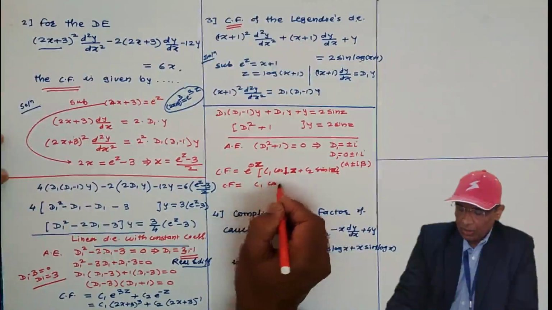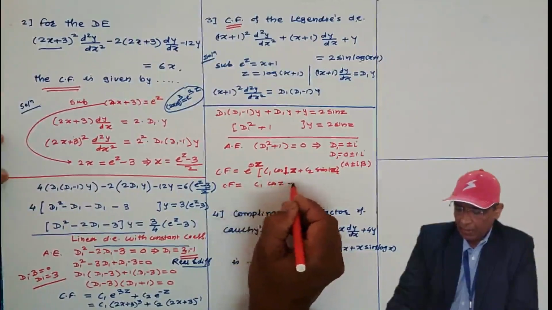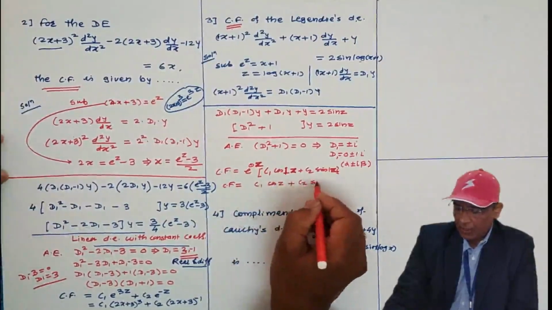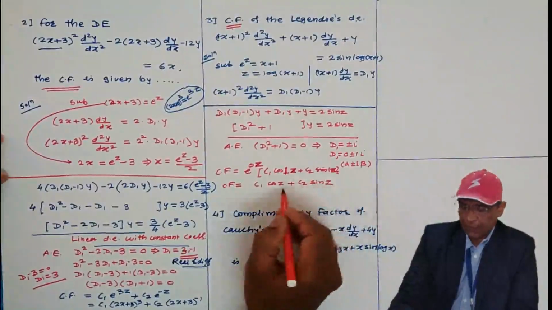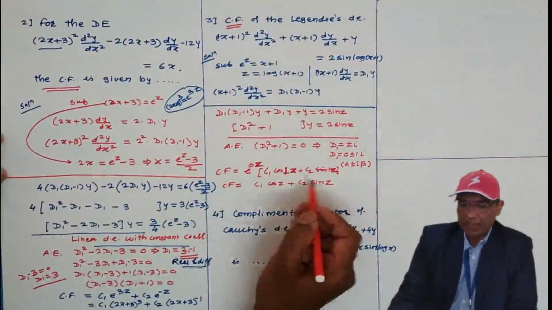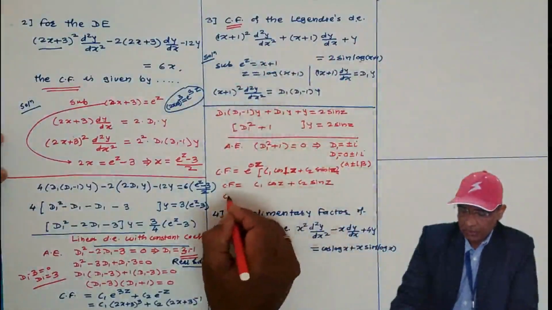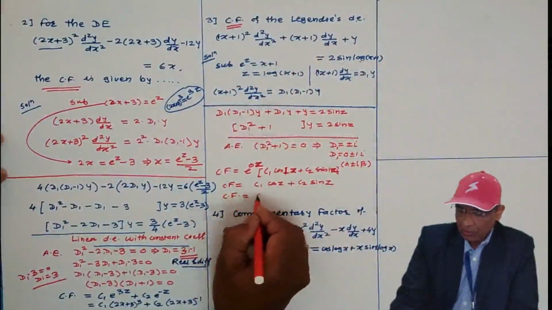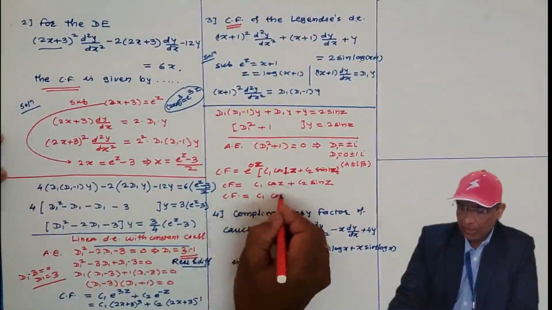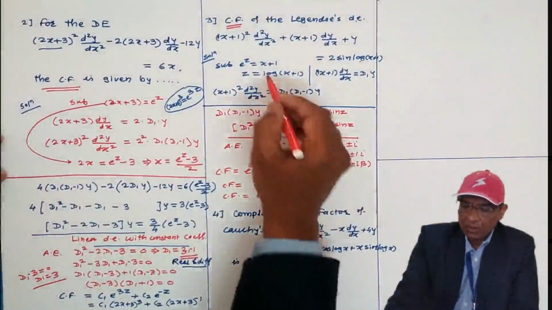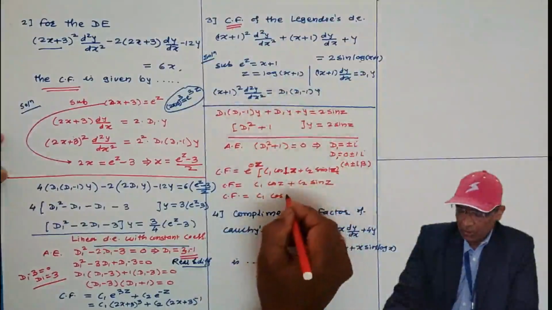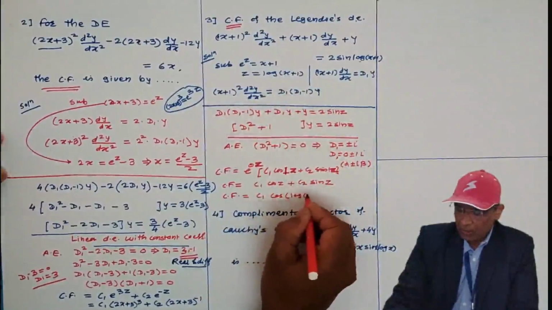C1 cos z plus C2 sin z is a complementary factor. But this is in terms of z. The given equation is there in terms of x. So write down complementary factor in terms of x now. So simply put value of z. What is value of z? Z is what? Log of x plus 1. Log of x plus 1 is the value of z.